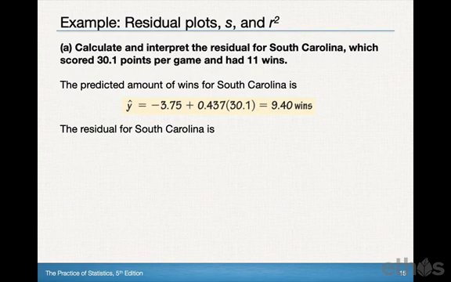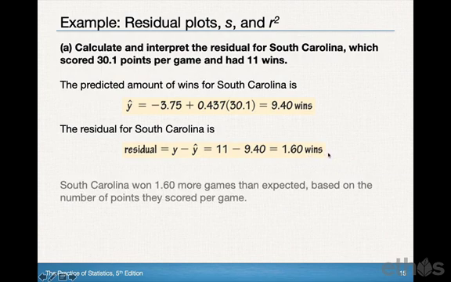Please do not round that to 9, down to 9, or up to 10, because it's just theoretical. I know you can't win 0.4 of a game, but it does not require you to round, because you then lose information. It's not as small as 9, so we don't want to round it down to 9. All right, our residual is our actual 11 wins minus the predicted value, so we were off by 1.6 wins.